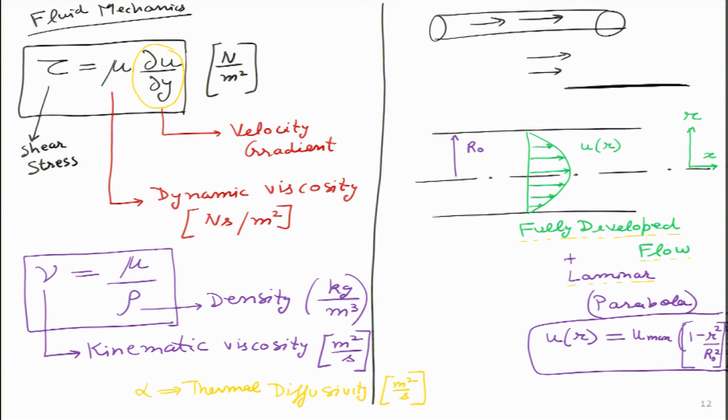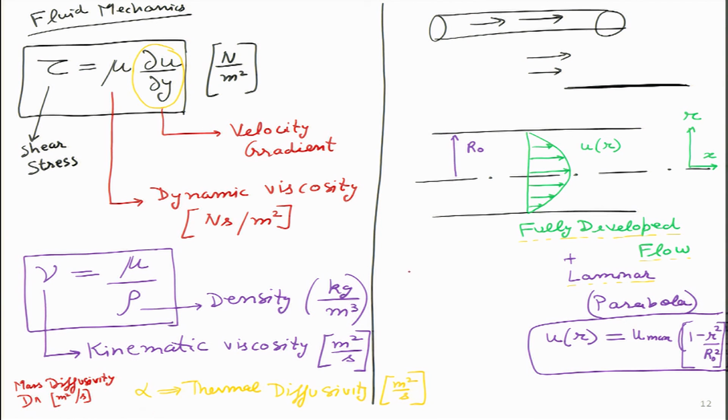And the students may also recall that earlier I had also talked about the mass diffusivity. If I talk about mass diffusivity as well, then I will write over here mass diffusivity, which is usually given as the symbol D with the small subscript A, and its units are also the same, meter square per second.